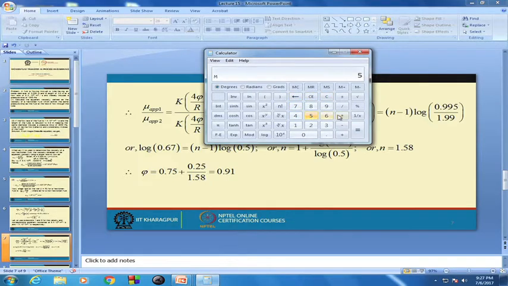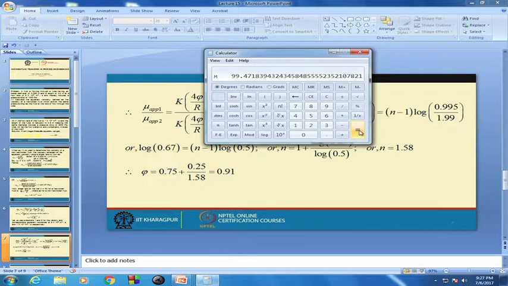5 times 10 to the minus 5 divided by pi divided by 0.004 squared.